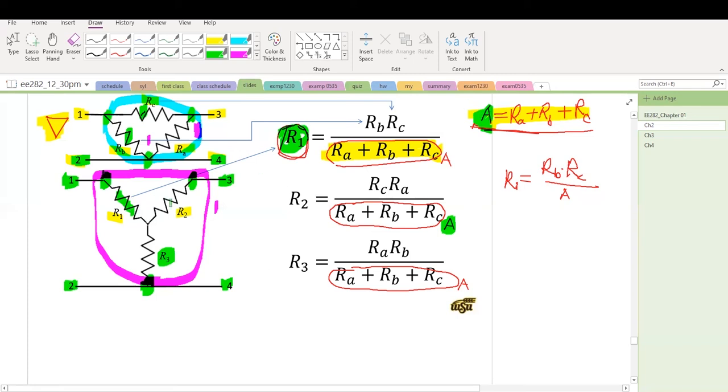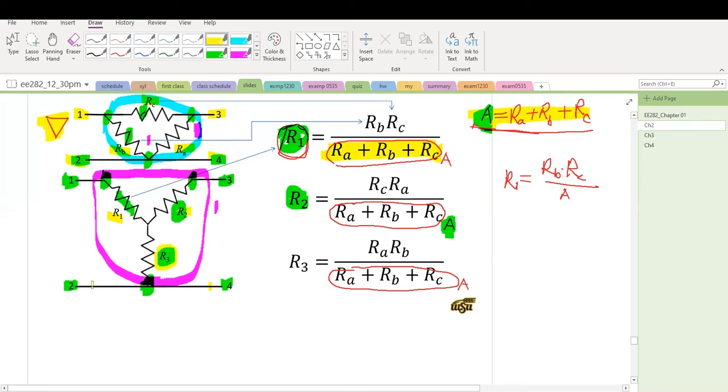So let's look at R2. R2 is connected to terminal 3, and terminal 3 involves two resistors, RA and RC. The value for resistor R2 equals RC multiplied by RA divided by this quantity A. And then let's look at R3. R3 is involved with terminals 2 and 4.